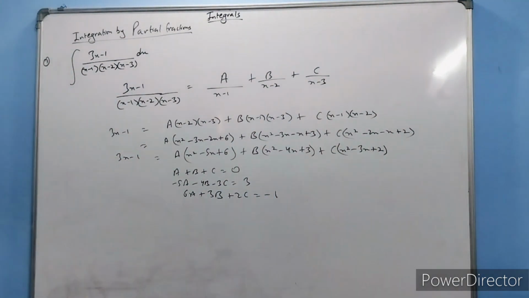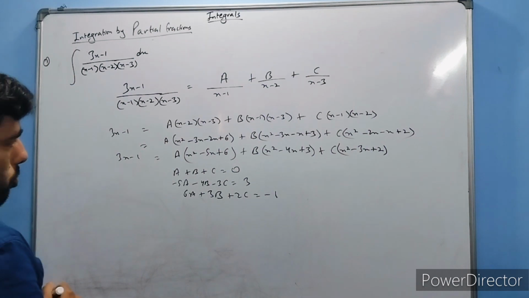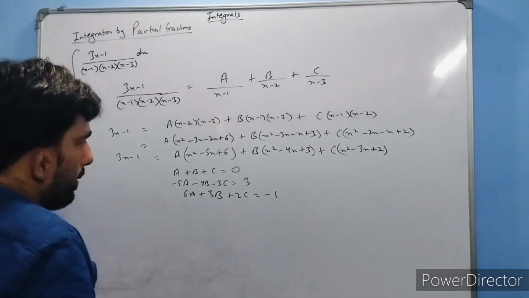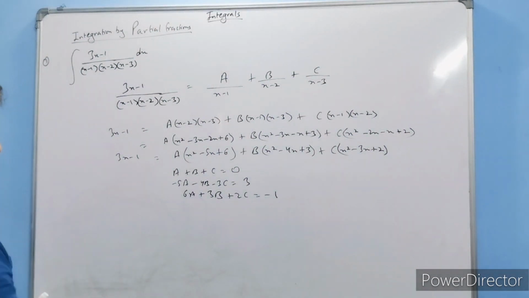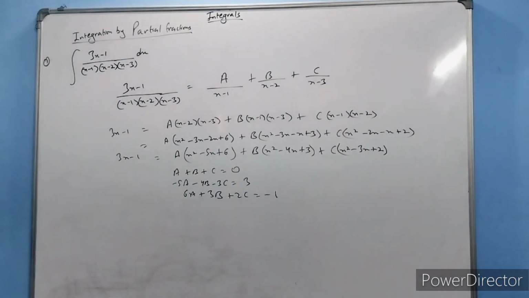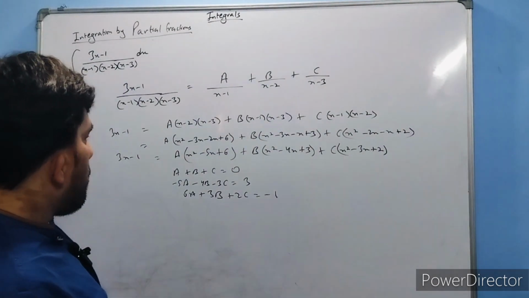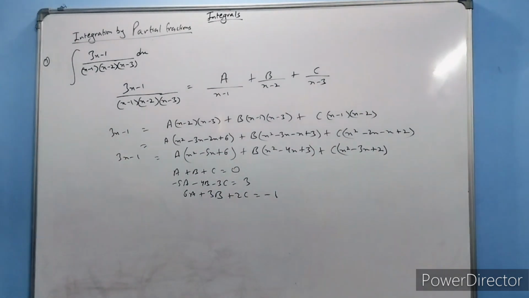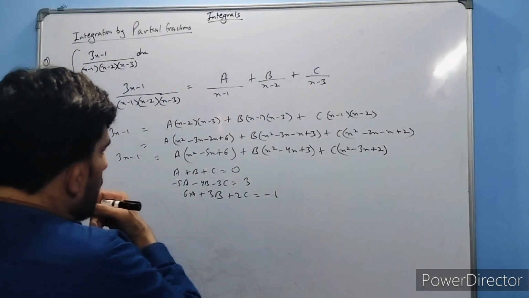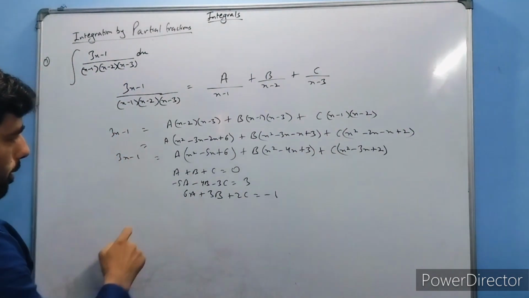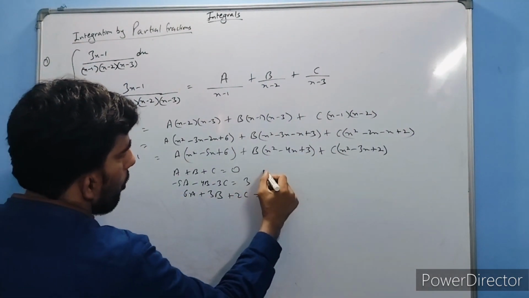Now let us try to solve these equations. We have a plus b plus c is equal to 0, minus 5a minus 4b minus 3c is equal to 3, and the third one.